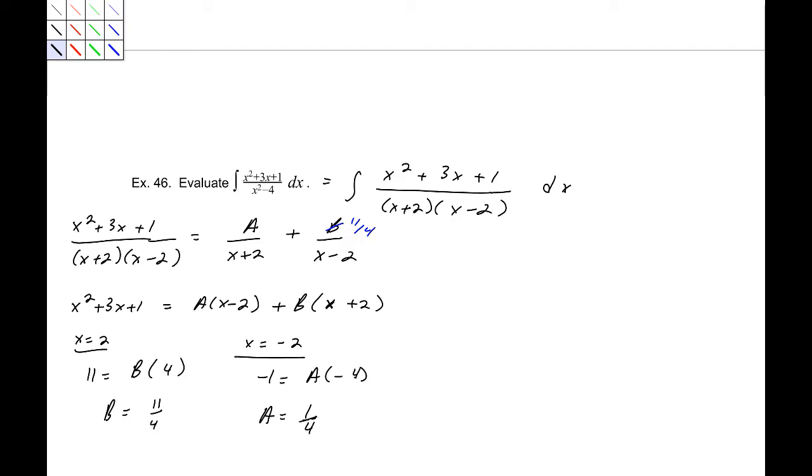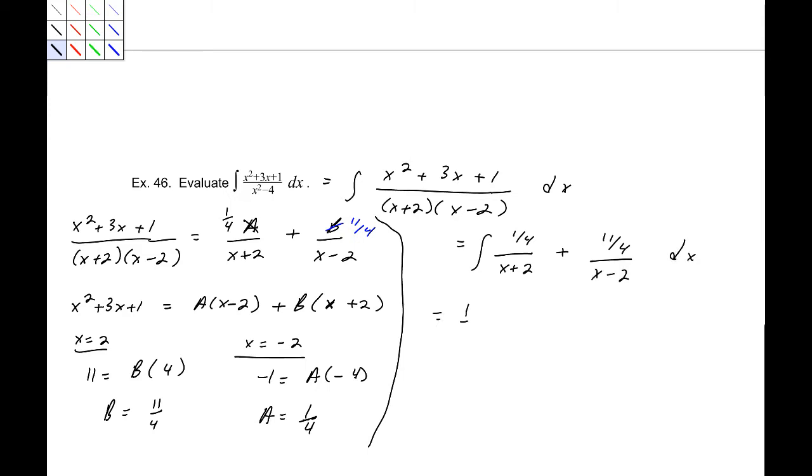Alright, so this integral over here, again, scratch work. It's all over here. This is the integral of 1/4 over x plus 2 plus 11 over 4 over x minus 2 dx.